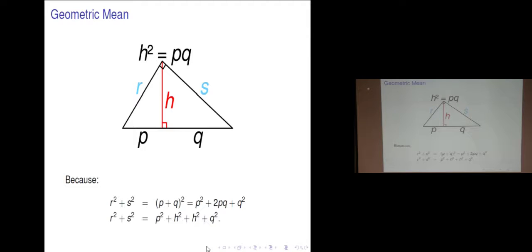So these two expressions are equal. It's very easy to see: you can cancel P squared, you can cancel Q squared, and here you have 2H squared, and there you have 2PQ. Therefore, H squared is PQ. This is the geometric explanation of the geometric mean.